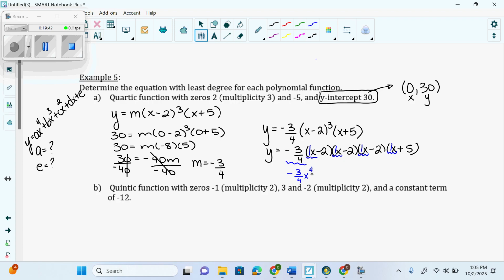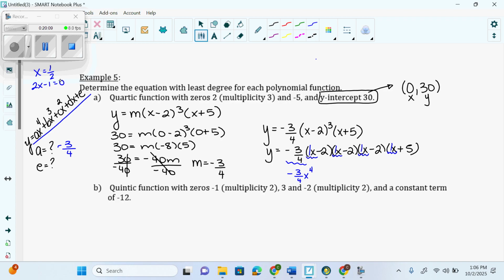So my a in this form would be negative 3 over 4. So you would just multiply the leading number by all the x's. Sometimes the x has a 2 in front of it, so it would actually change it. When would it have a 2? Well, if your x-intercept was a half, that would be 2x minus 1 equals 0. Then you would have a 2, right? So you do have to multiply by whatever is in front of those x's with the leading number.